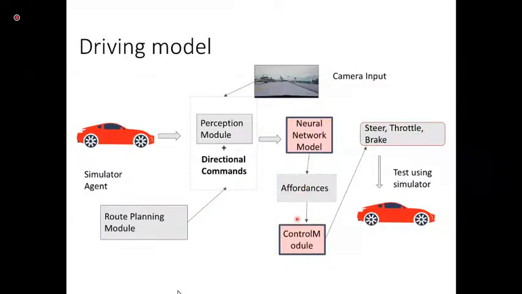From the affordances there is a control module, which will directly predict steer, throttle, and brake, and then you can test using the simulator. So this is the architecture in which we work. Our job is basically to train this neural network model.